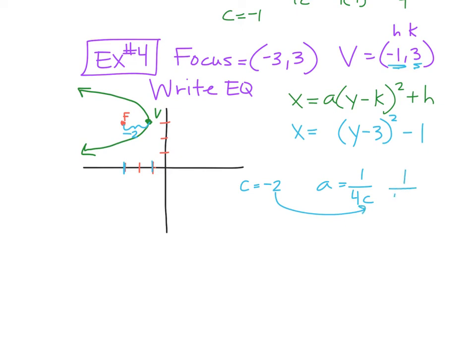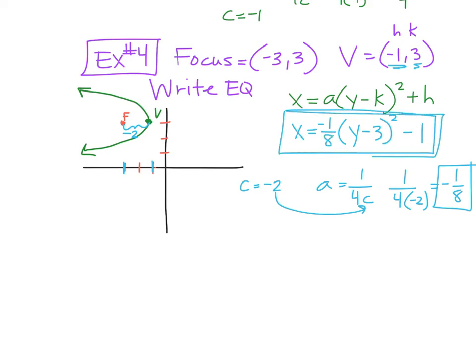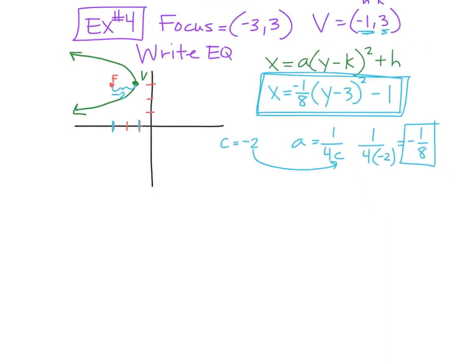So 1 over 4 times -2 is -1/8. Okay, and that's what's going to go right here, -1/8 for my a value, and that would be your equation.